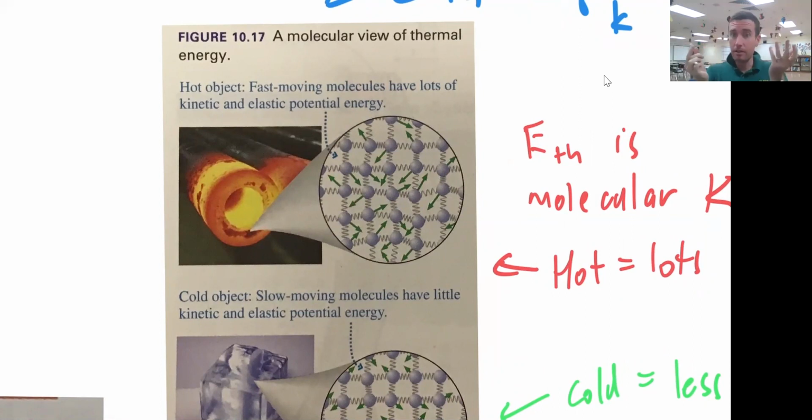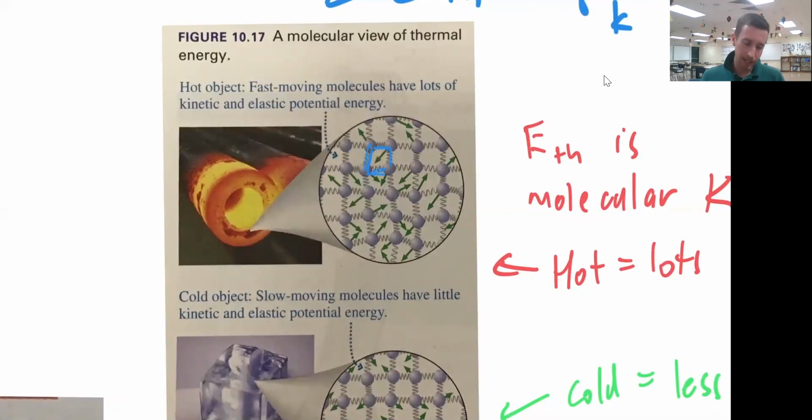It might be a solid, so they might still be stuck together. They're not moving relative to each other, but in their positions, the reason it's getting hot is that their molecules are moving. As they move, the bonds between them, like these right here, are getting compressed and expanded.